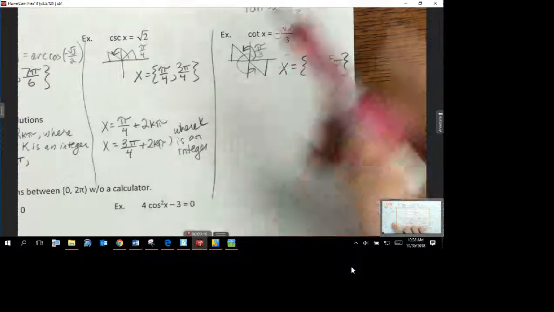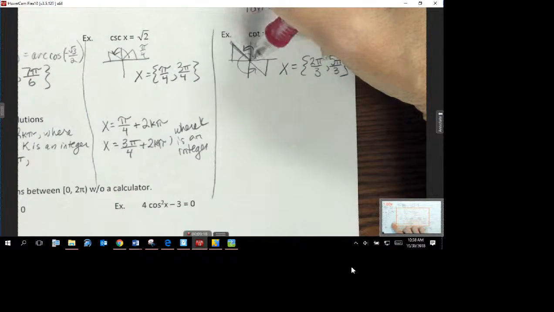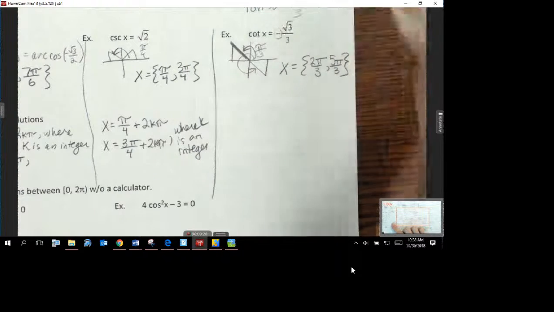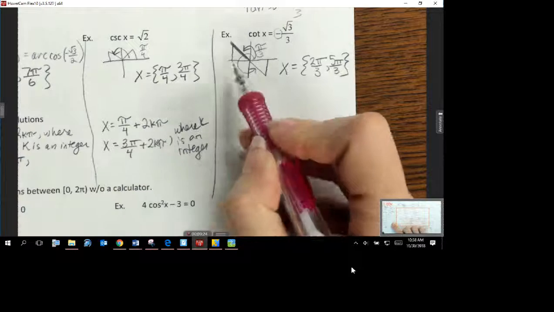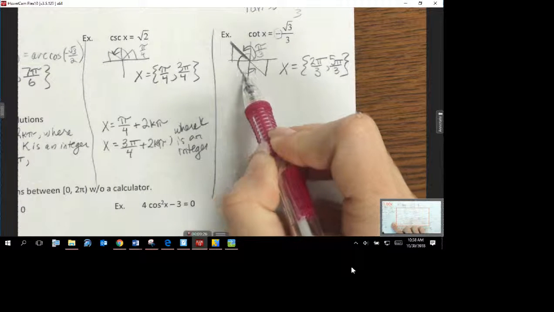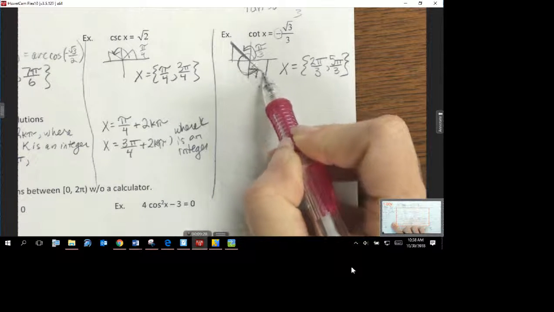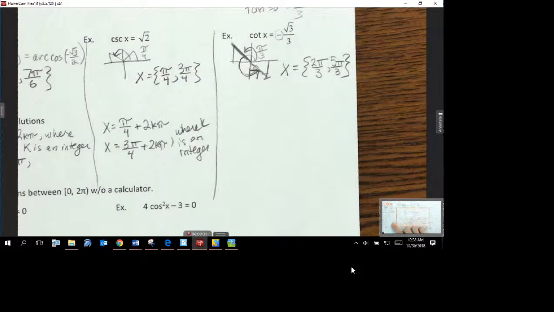If I have pi over 3 as my first answer, and I only add pi, I will end up at the second answer. If I add pi, I will end up at that second answer.